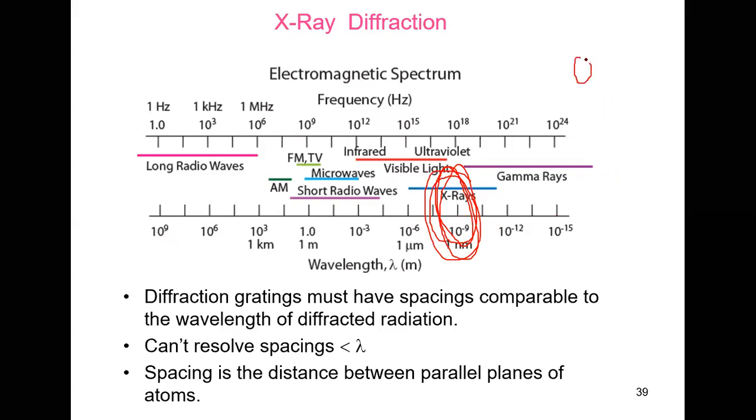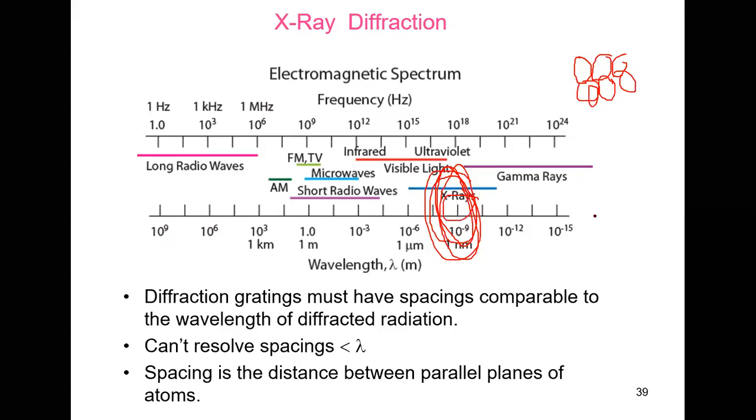When we look at a crystalline solid, atoms are arranged in a regular and periodic manner, so it has some interatomic spacing, and the dimension of the interatomic spacing is also of that order.